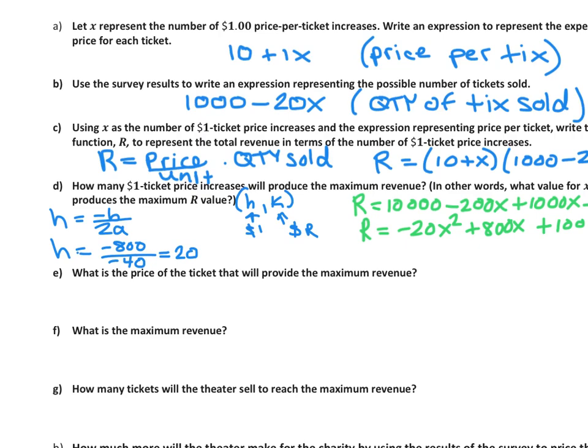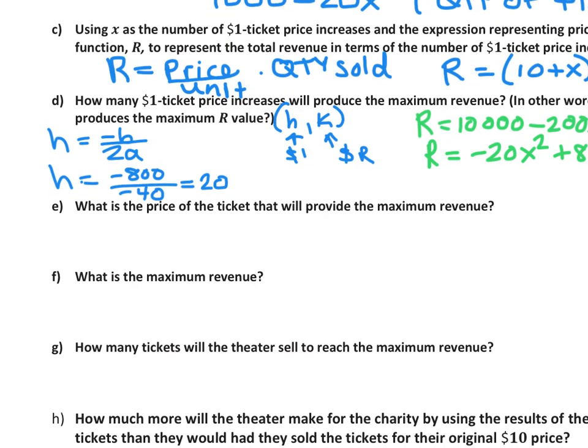So that leads right into the next question, which is, what is the price of the ticket that's going to maximize our revenue? Our model says that the price per ticket is going to be 10 plus x, and we just solved for x. So our price per ticket is $30 per ticket is going to maximize our revenue.